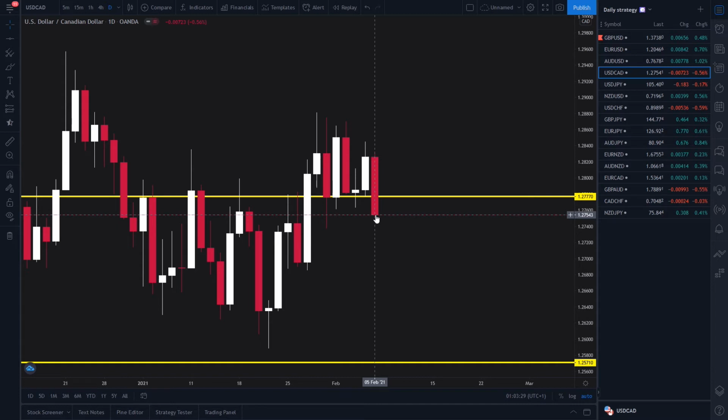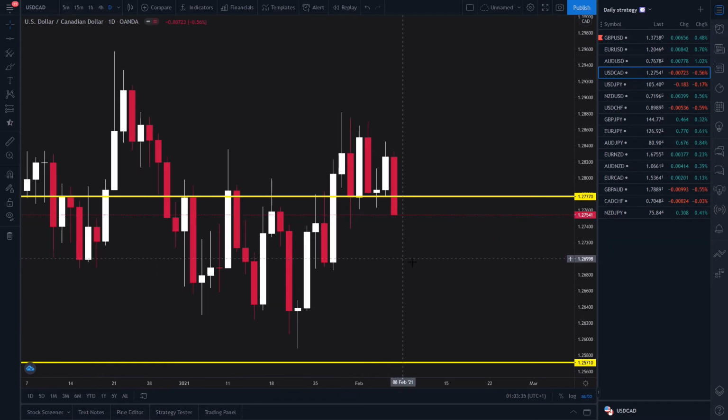But again, this breakout candle formed on a Friday, and it's not a good time to enter, so I'll be looking for trades next week around this level or this level. Let's see what Monday will bring us.